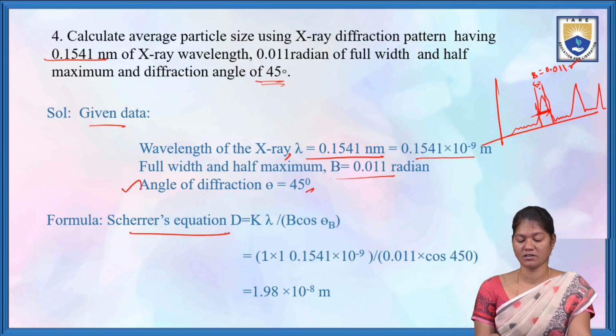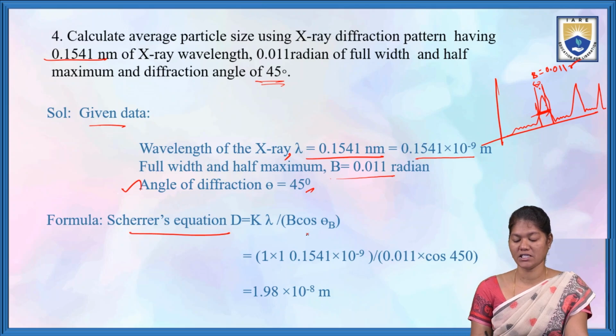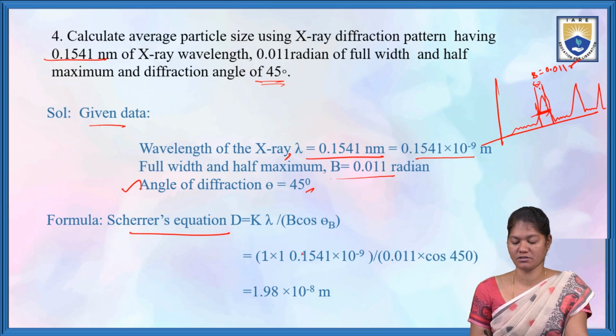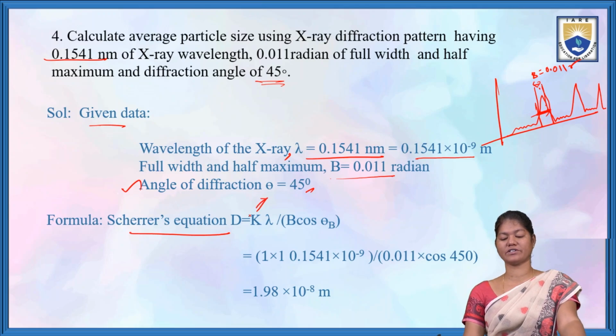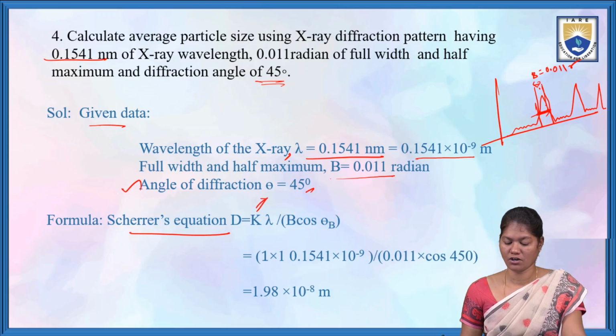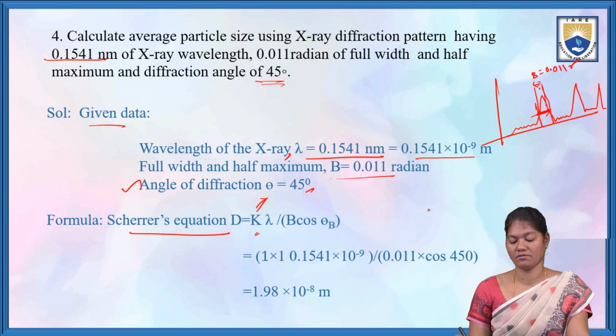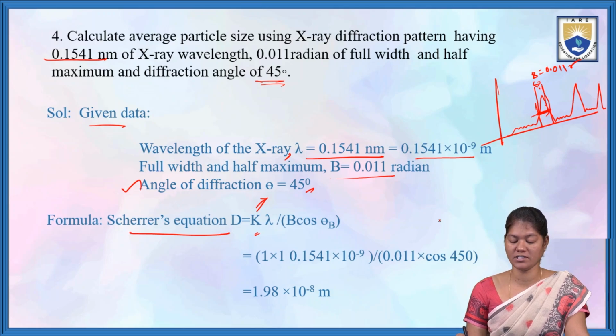From Scherrer's equation, D is the particle size, D equals K lambda by B cos theta. Here K is Scherrer's constant; for crystalline solids the K value is 1.